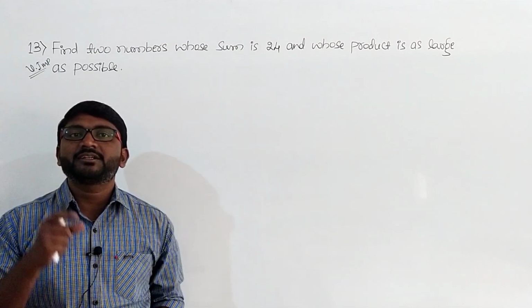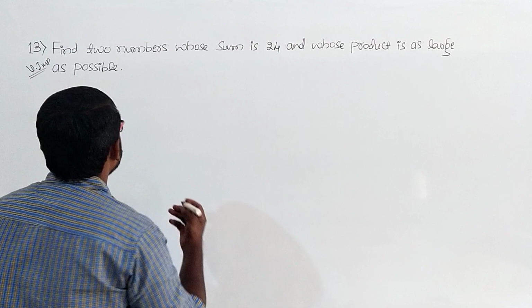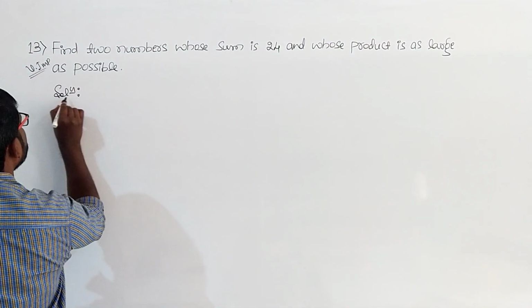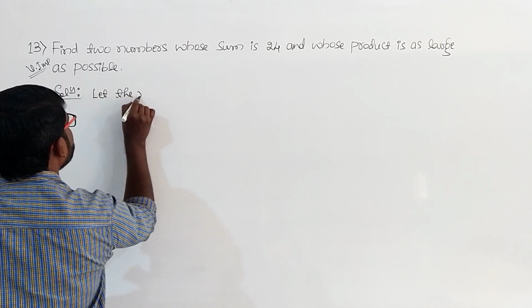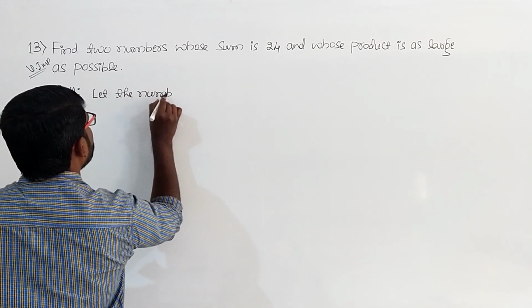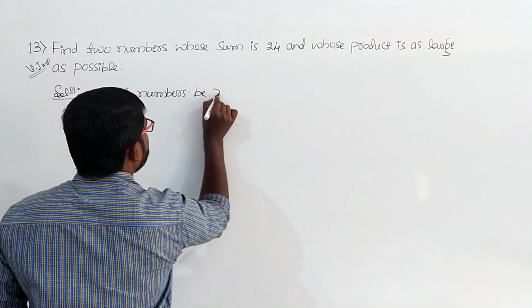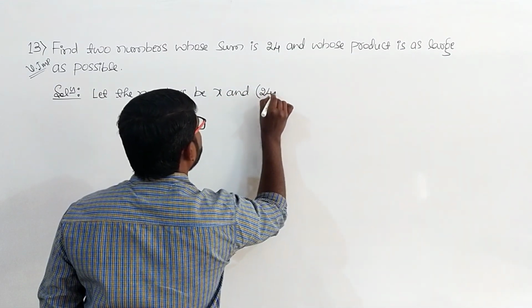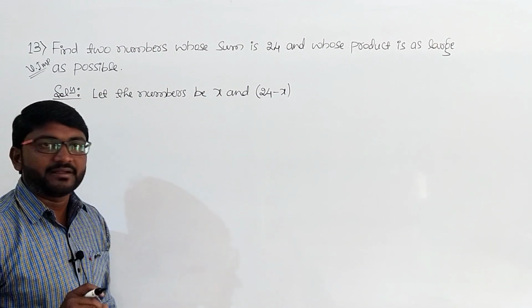So I will be taking the two numbers as x and 24 minus x. Let the numbers be x and 24 minus x.